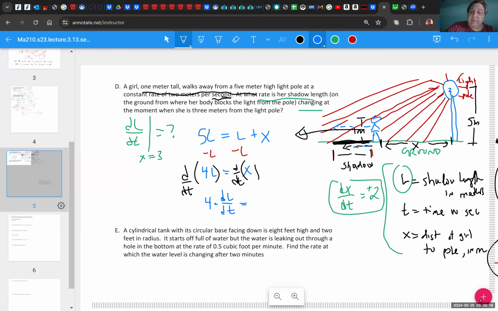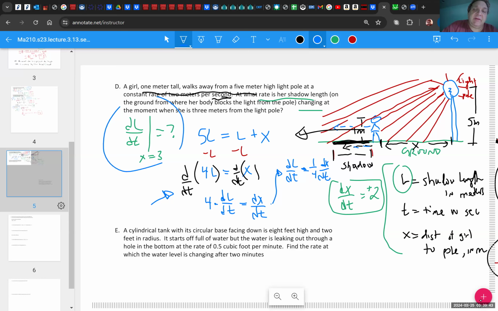So the derivative of x with respect to t is called dx/dt. If you write down the correct letters, you just follow the instructions, and you know it's not dx/dx, you know it's dx/dt. And so 4 dL/dt is equal to dx/dt, which means if I divide by 4, I get dL/dt is equal to 1/4 of dx/dt.